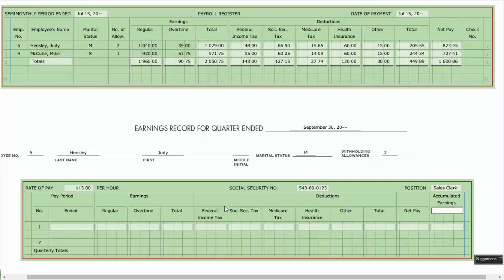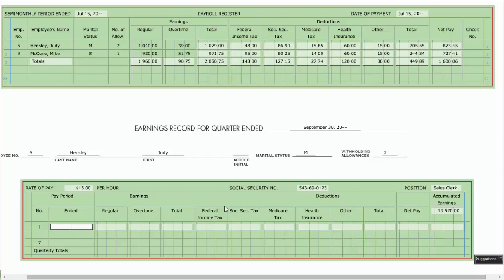It gave that to us in the directions. But really, what a person that does employee payroll does is they would look at their previous payroll register and see what the number is and just carry it forward. Our directions tell us that Judy has $13,520. And again, that's a number that's just given to us in the directions.